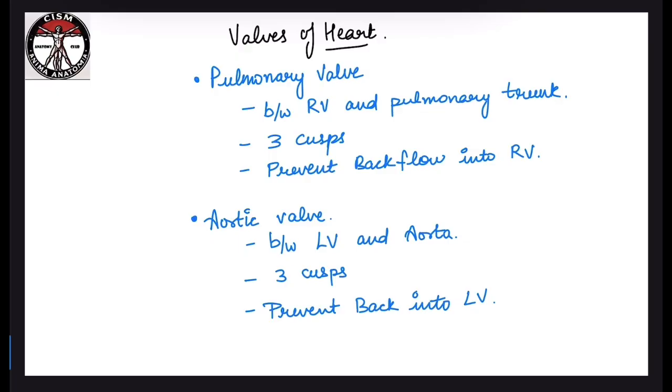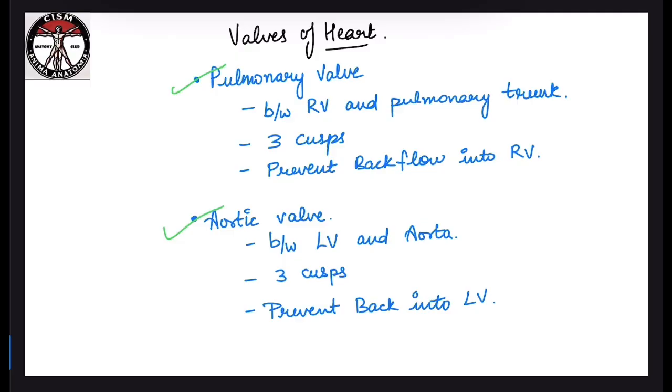Now there is the aortic valve, which is between the left ventricle and the aorta. It also has three cusps and it prevents backflow into the left ventricle. So the pulmonary valve and the aortic valve are the types of semilunar valve.